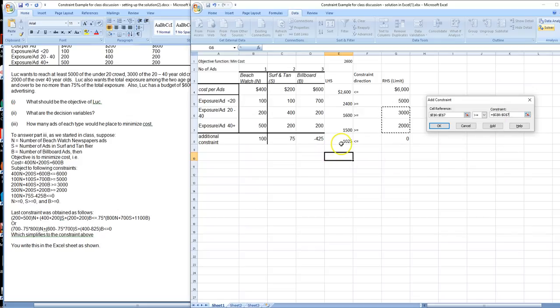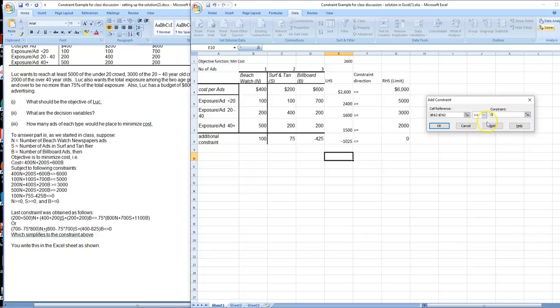Now we still have one more constraint to add. So we say add, and then we say this, and this is less than or equal to the right hand side. And then you can add the non-negativity constraint. You can say add, and then you select the 3 and say these are greater than or equal to 0.